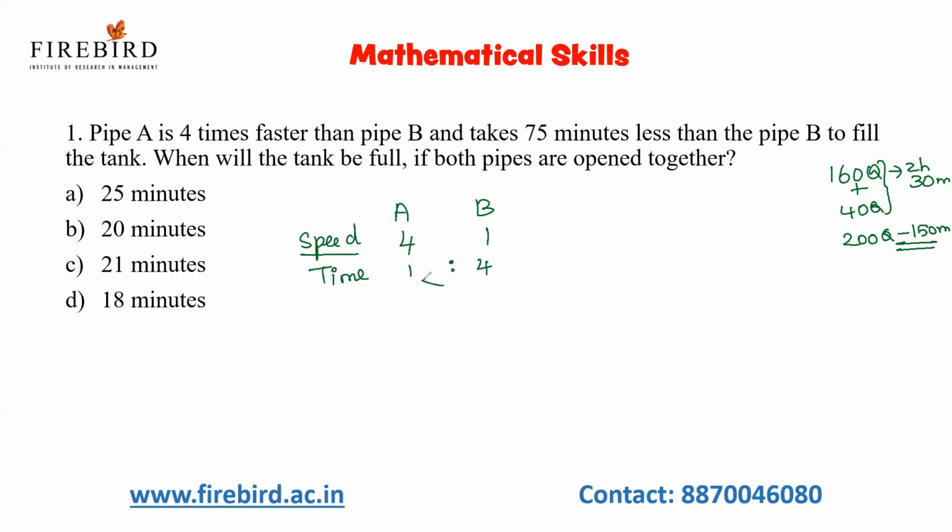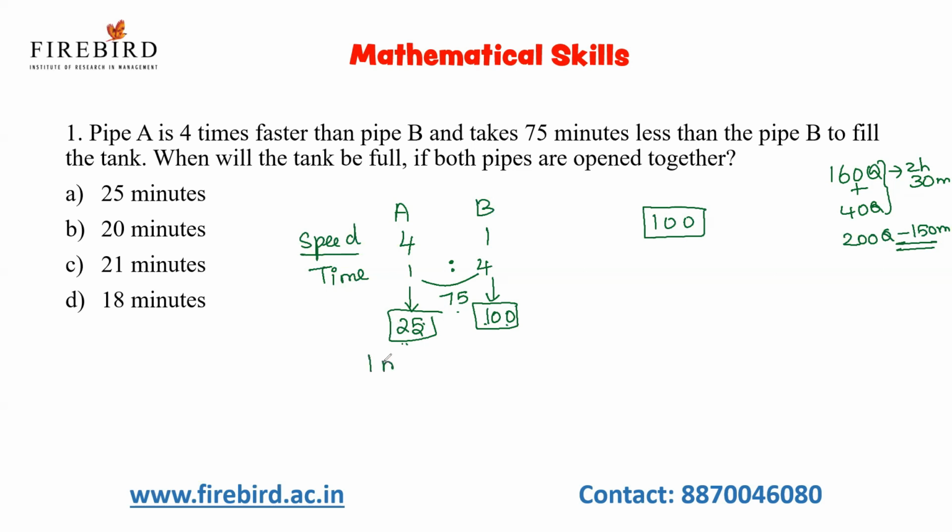And see here, the difference between the time taken is 75 minutes. Let us assume pipe A takes 25 minutes to fill the tank, then 25 plus 75, pipe B will take 100 minutes. So you got the difference, right? Pipe A can fill the tank in 25 minutes and pipe B can fill the tank in 100 minutes. If I take the LCM for 25 and 100, 100 is the LCM. If I give 100 parts of the work to pipe A, it will complete the work in 25 minutes.